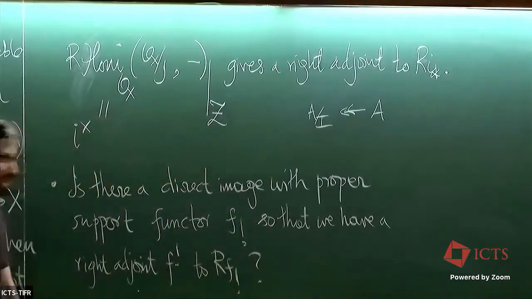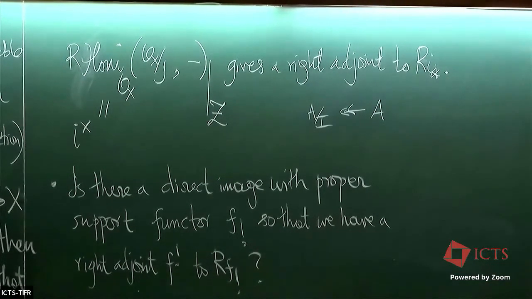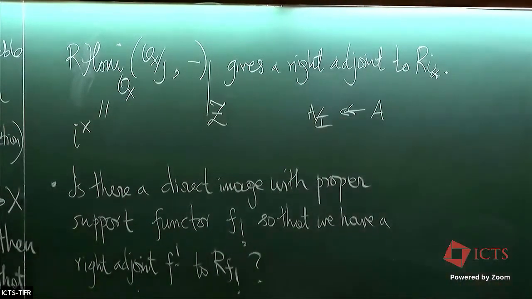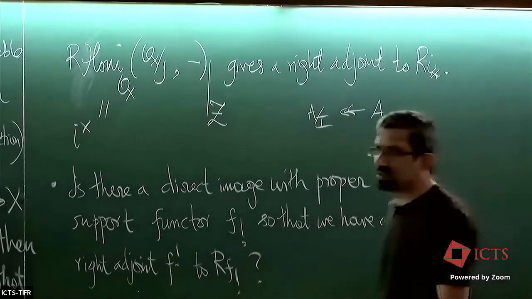So can we just create F upper shriek by simply having some functor F lower shriek, direct image with proper support? So don't just take RF lower star, but maybe look at some subset of sections which have proper support over the base. You can in fact try to define such a functor, but the main problem is that such a functor will not take quasi-coherent sheaves to quasi-coherent sheaves.